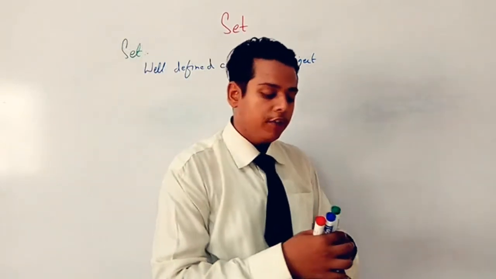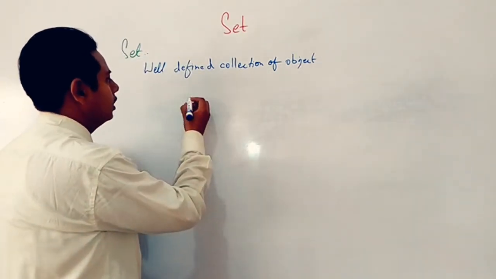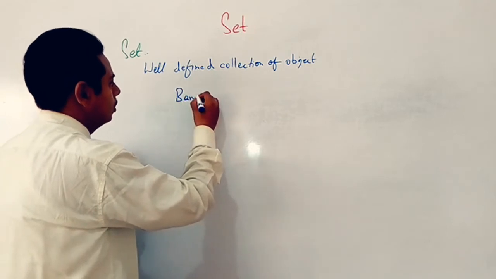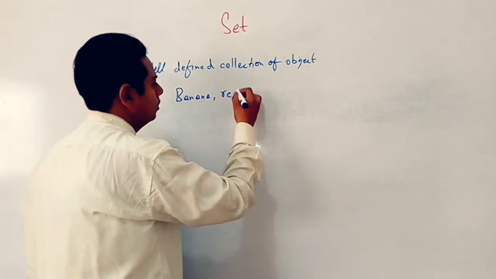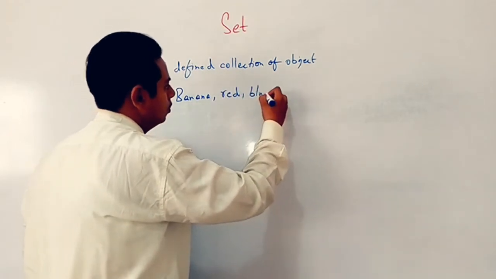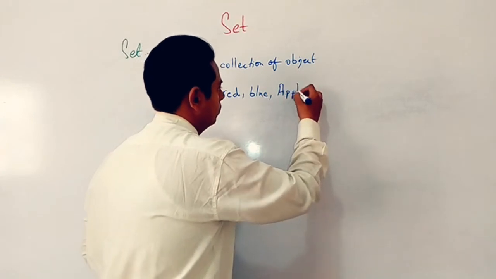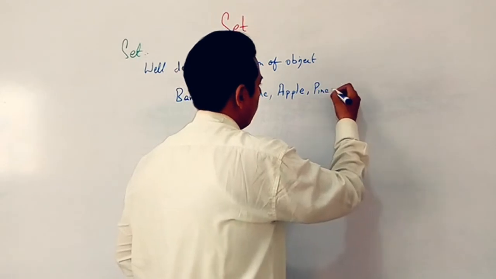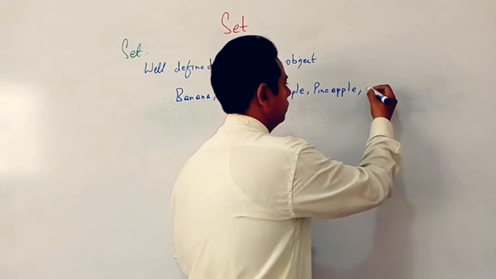Let's suppose we are having some things over there, just like banana, red, blue, apple, pineapple, and green.